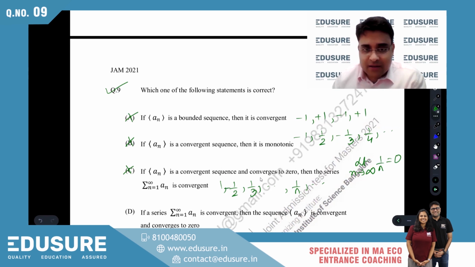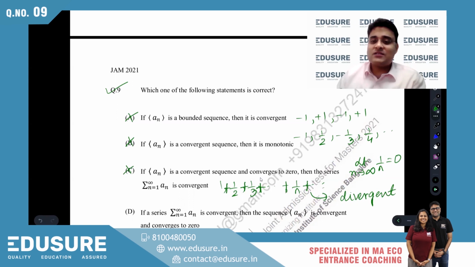But if I add, summation an is basically adding these. This summation is divergent. Actually, this is a very, very common, very famous divergent series.